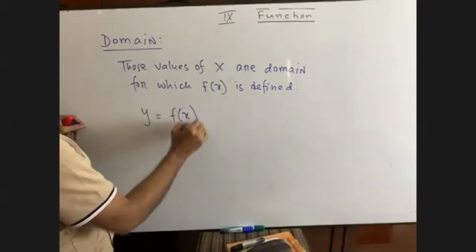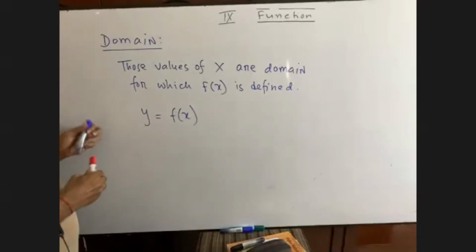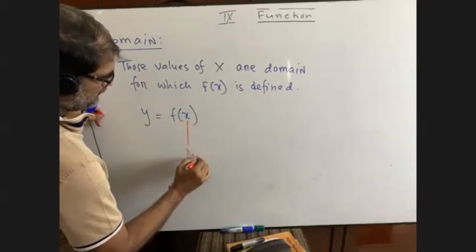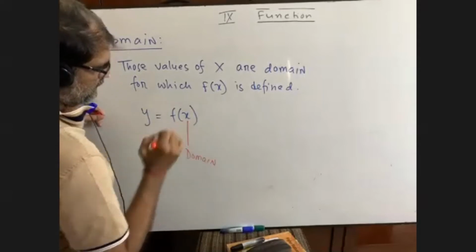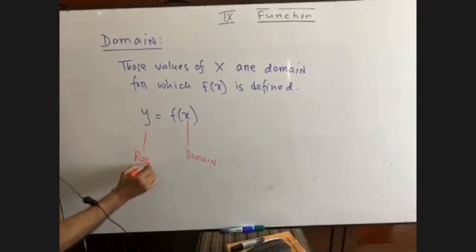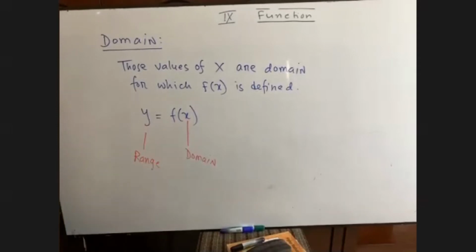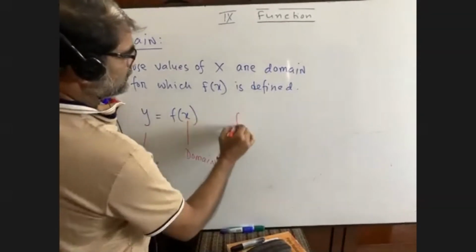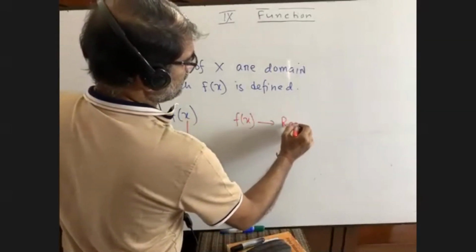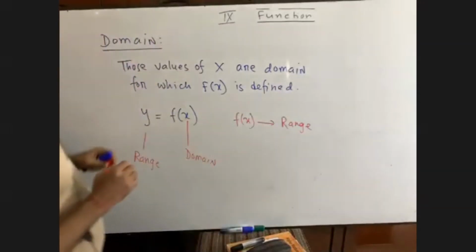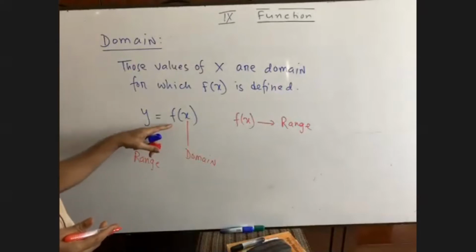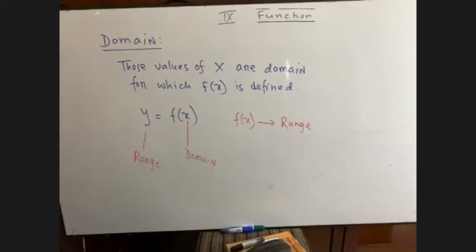Y equals f(x). Here x is domain. I told you y is range. That means what about f(x)? F(x) is also range. Please try to understand. X is domain, but y is range. So what is the value of y? Y is f(x). So f(x) is also called range here.